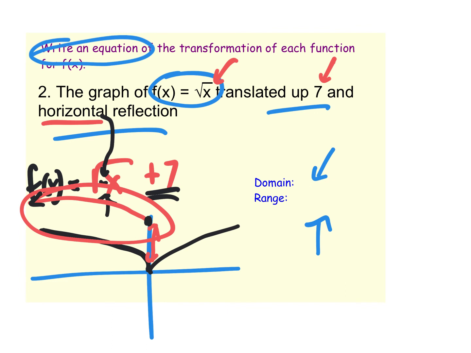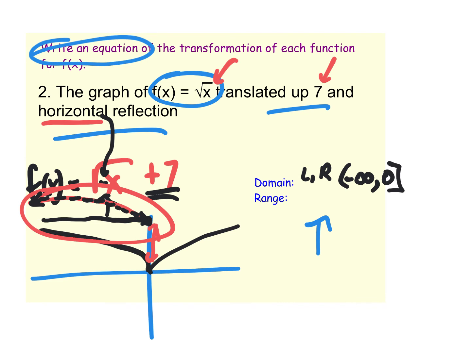Now, if I needed exact points, I would go get out my XY chart, but I don't really need that. I just need the domain and range of this graph right here. The domain is, it goes forever to the left, because remember, domain is left, right, and it's forever to the left, which makes negative infinity. And how far to the right does it go? It doesn't go forever. It stops right there, which is at 0.